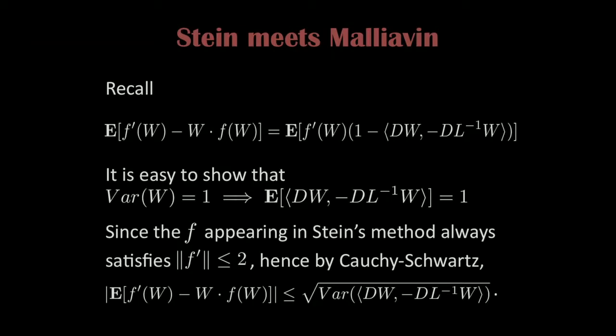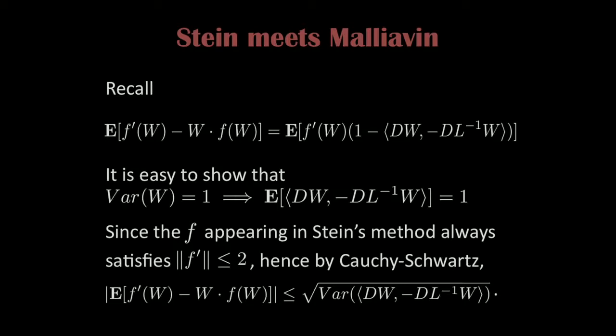now next observe that since f is a kind of function that is coming from Stein's method, where always the first derivative was bounded, by Cauchy-Schwarz it suffices to bound the variance of this random variable. So this is tremendously important. Now we have reduced this closeness to normal to just bounding the variance of a random variable.